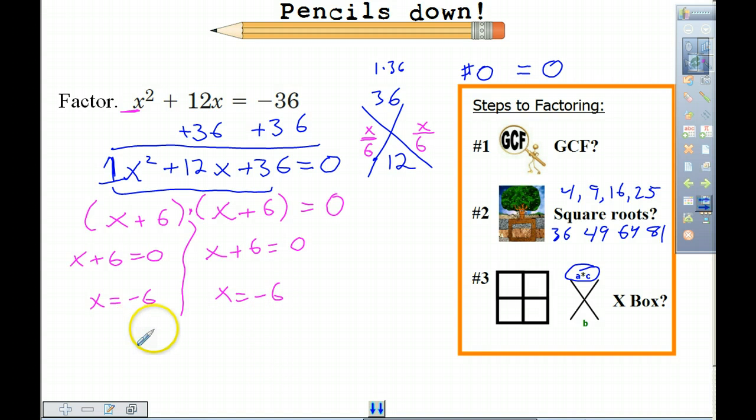Okay, here's a pop quiz. What does this answer mean? That's the x-intercept. Well, there's only one though, so what would that look like? Here's the x-axis. Here's negative 6.